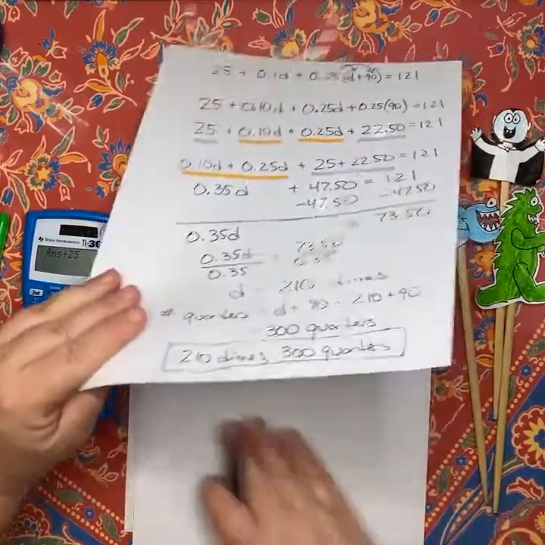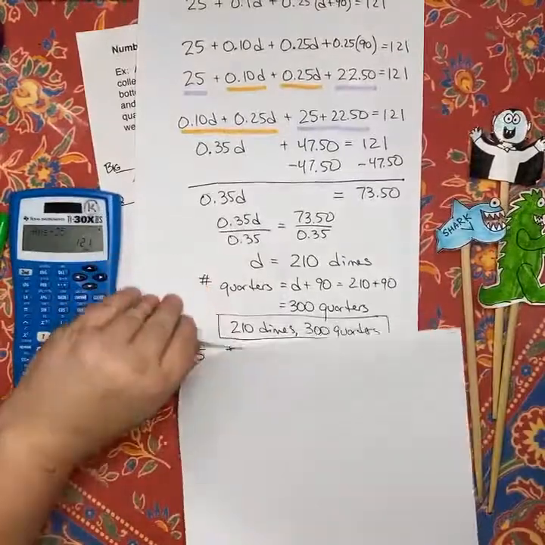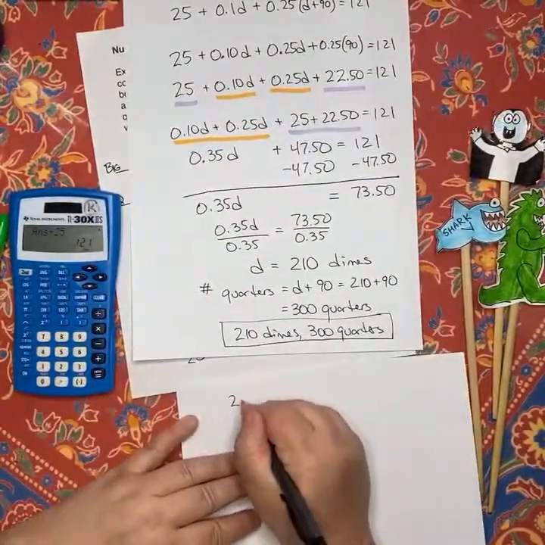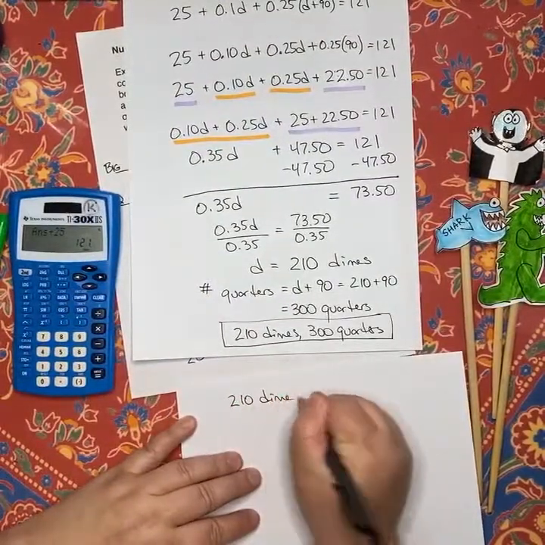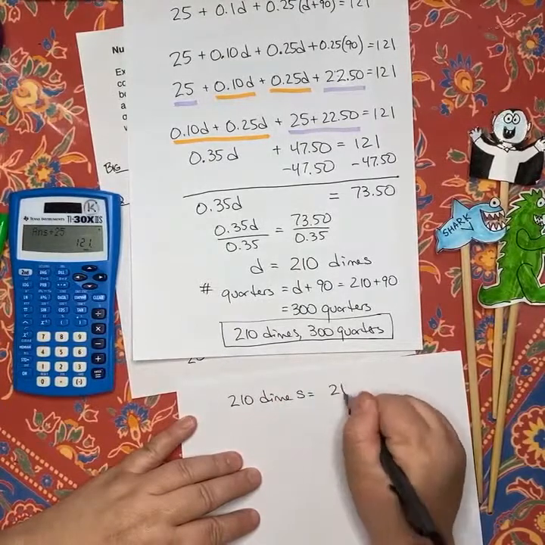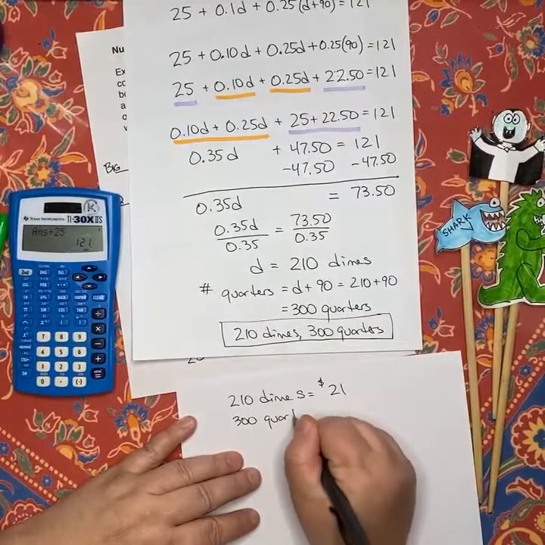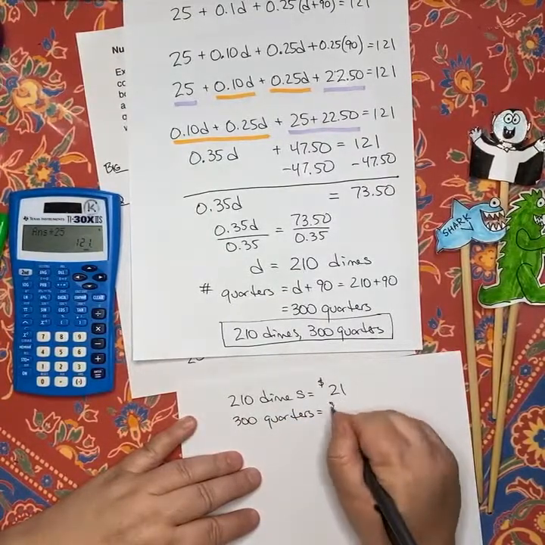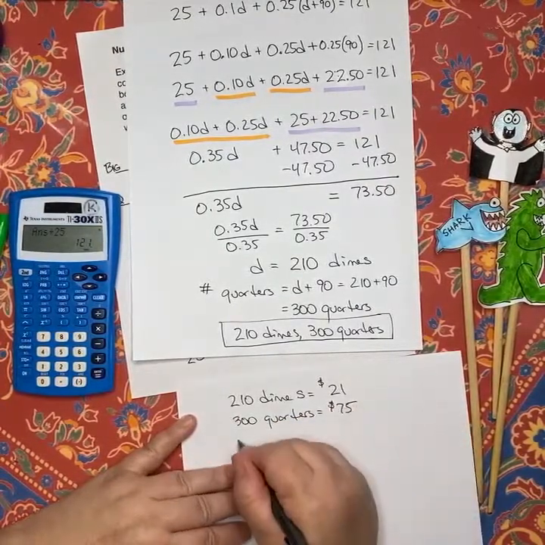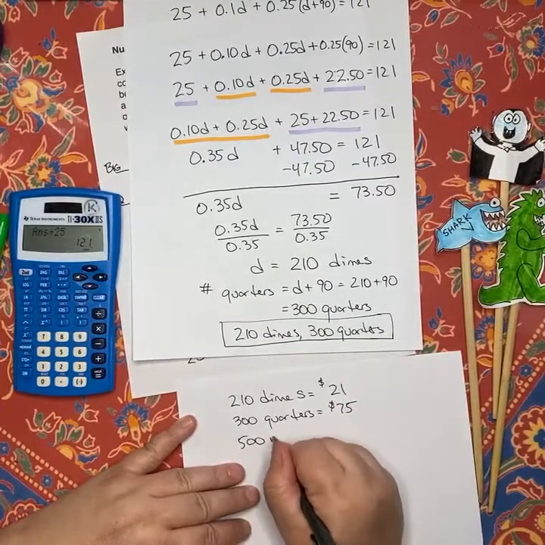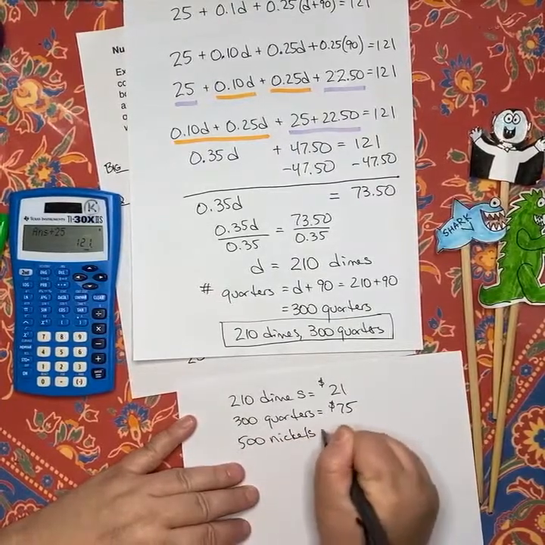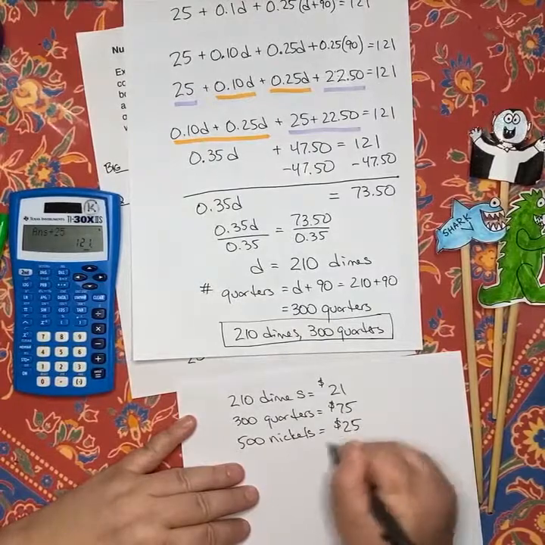So if I add the $21 from the dimes, I'll do it on the next page. I knew I had another page for something. 210 dimes equals $21. 300 quarters equals $75. And 500 nickels equals $25.